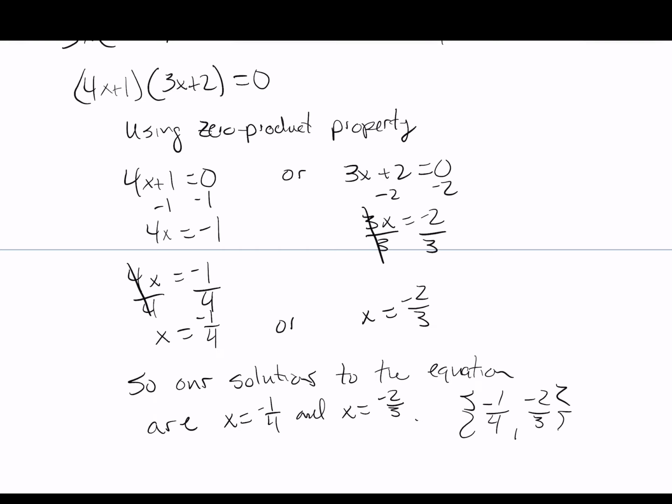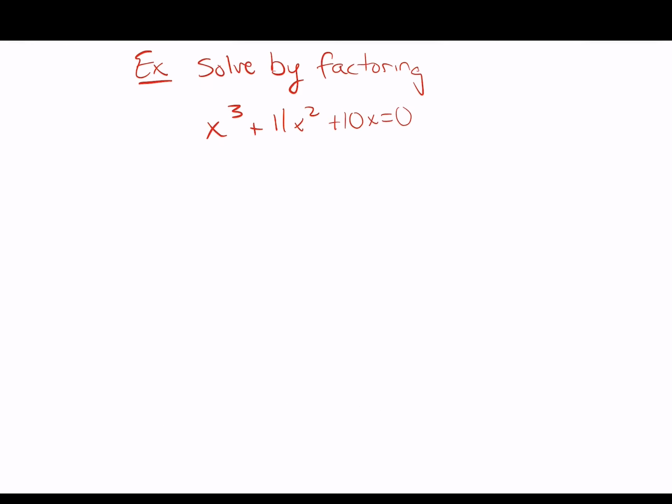Let's consider another concept. In this example, we want to solve by factoring x cubed plus 11x squared plus 10x equal to 0. Now you may be asking yourselves, why are we trying to solve a third degree polynomial when we're discussing quadratics?